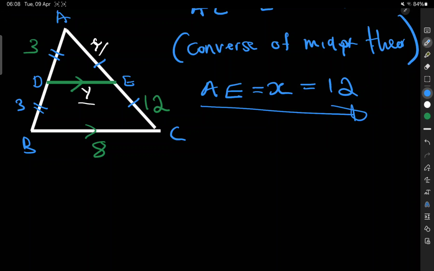What we also know now from the midpoint theorem is that, let me use a different color, DE is equal to half of BC.